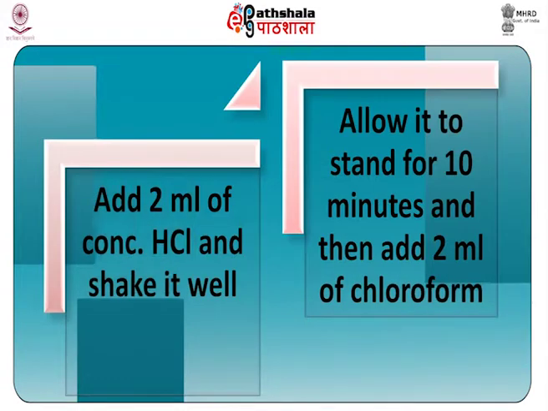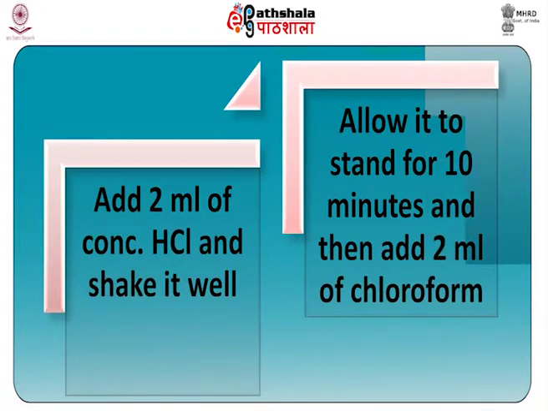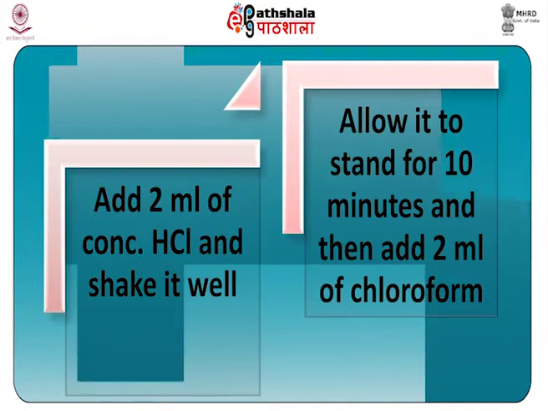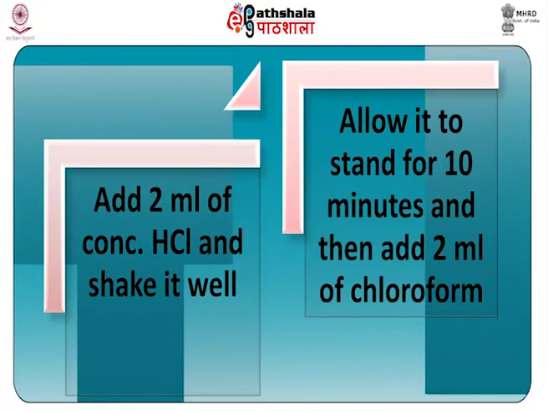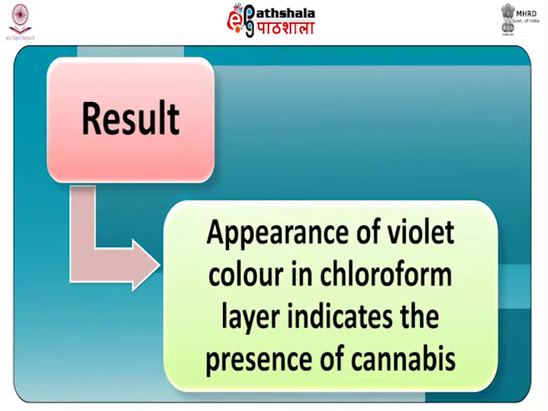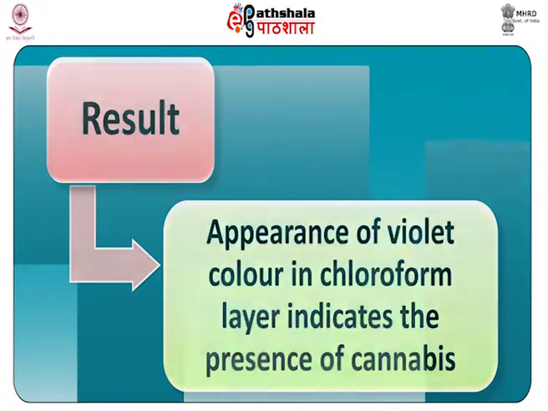Add 2 ml of concentrated HCl and shake it well. Allow it to stand for 10 minutes and then add 2 ml of chloroform. Appearance of violet color in the chloroform layer, that is the lower layer, indicates the presence of cannabis.